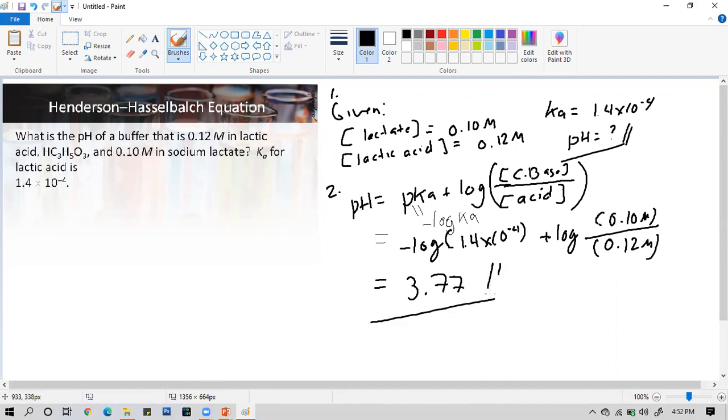So, therefore, the pH of a buffer of 0.12 molar lactic acid in sodium lactate is 3.77. That's how you solve this problem. I-take na lang na screenshot, guys, kasi we will move on to the next problem.